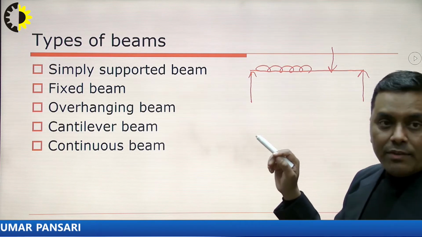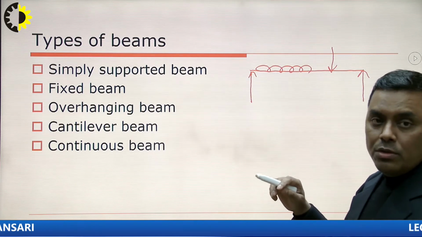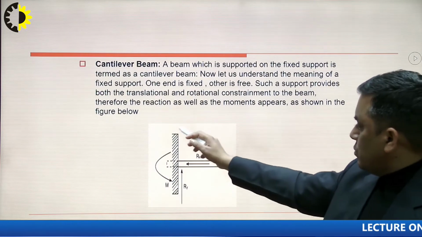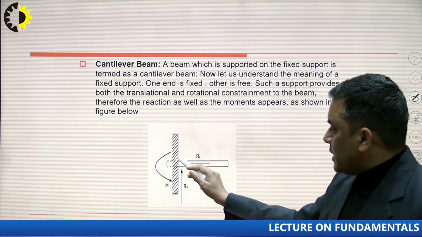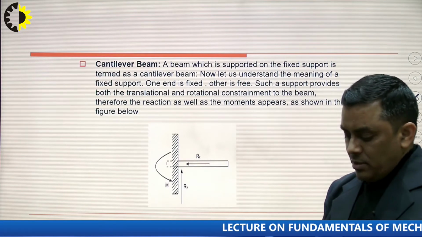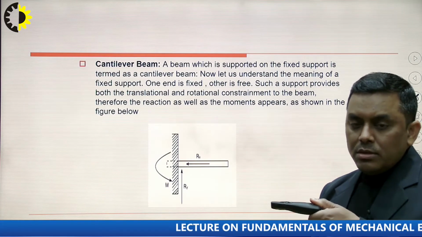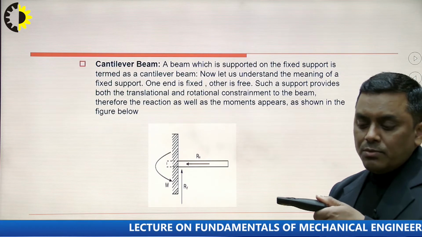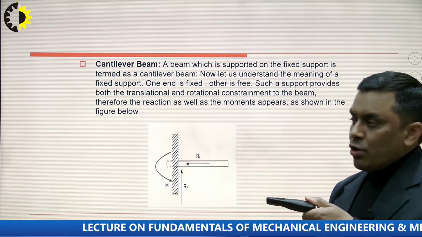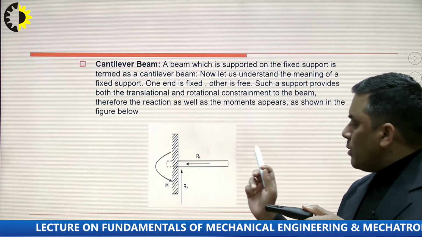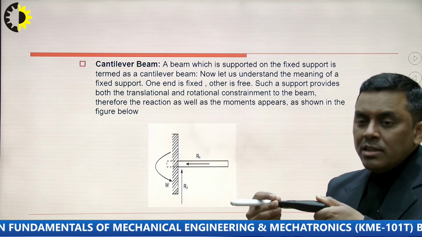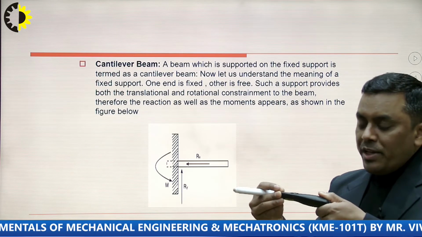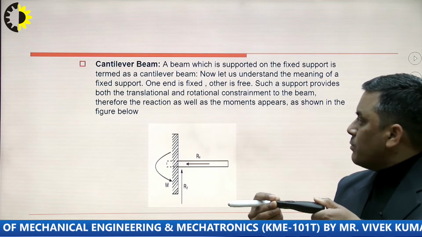Fixed beam, as I discussed in fixed support also. Again the same type of diagram is there, its motion is constrained. So, the beam is fixed. When do we call it a cantilever? When one end of the beam is supported, fixed, and the other end is free. This type of arrangement is known as a cantilever.